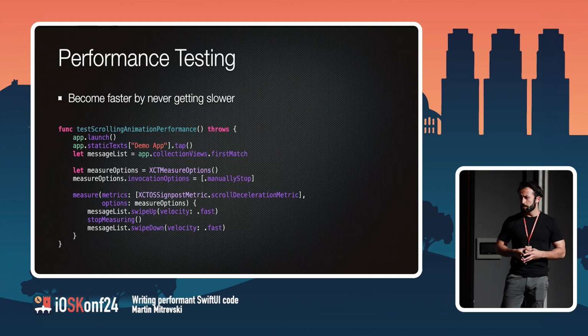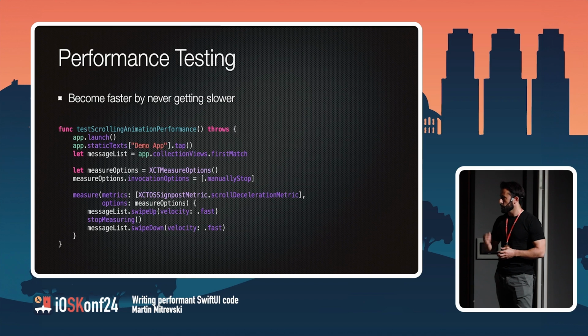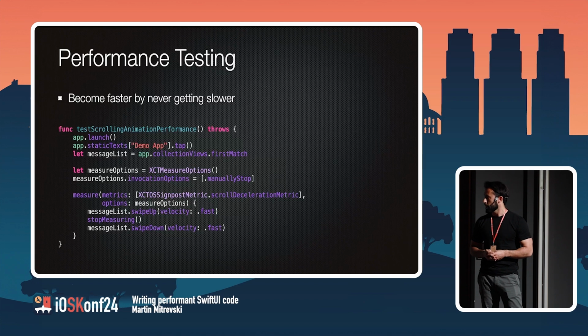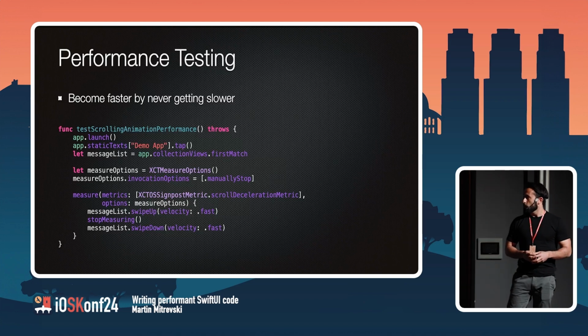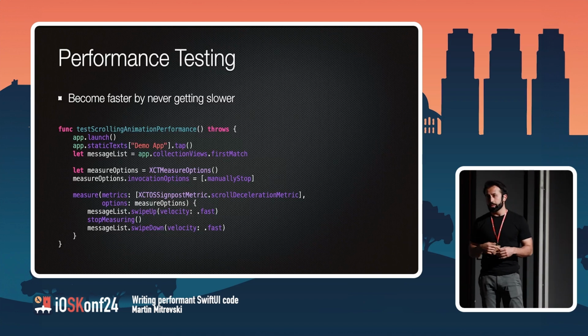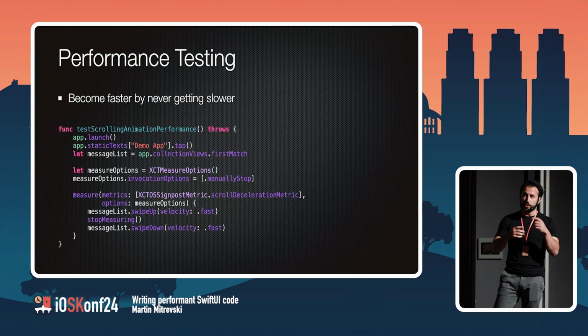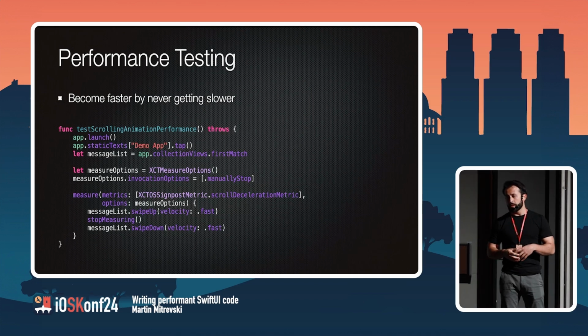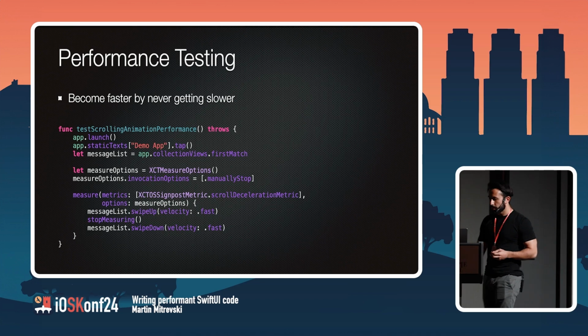And luckily nowadays, Xcode has some useful tools like this, the signpost metric called scroll deceleration metric, where you can do swiping up, swiping down tests, and it will measure how fast the scrolling is.